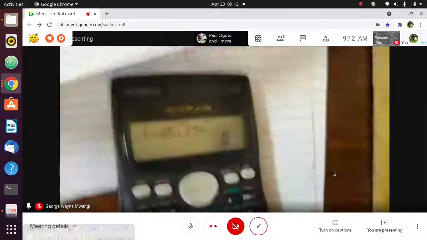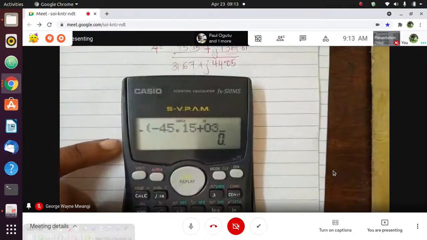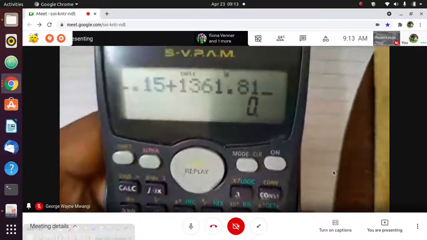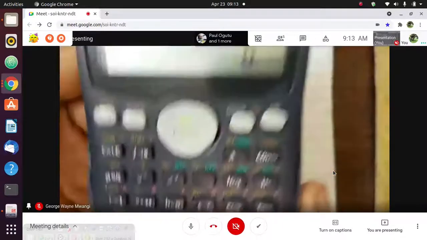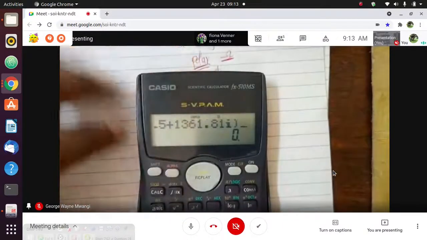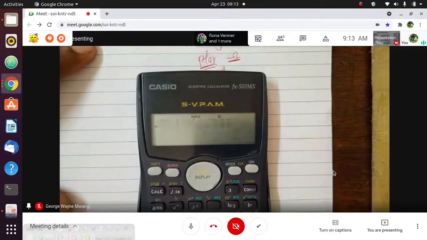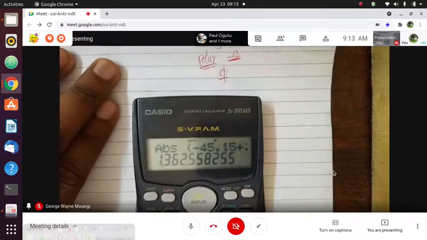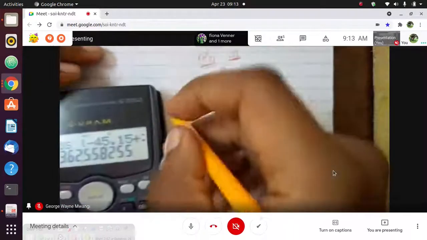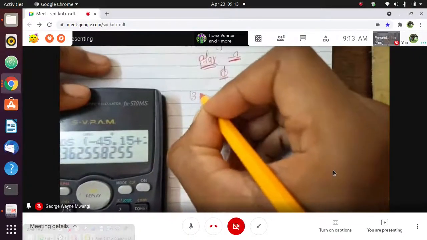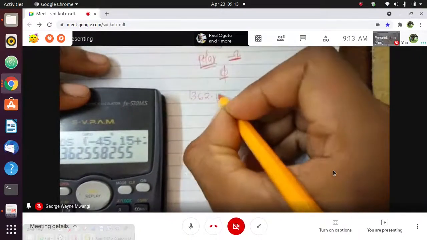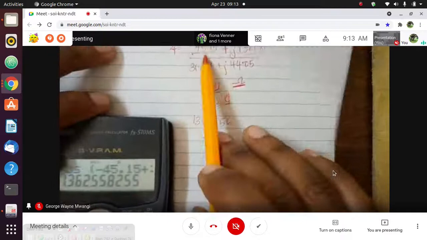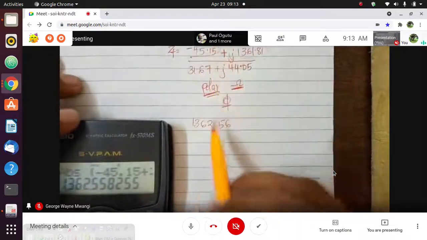Plus 1361.81 I. What that gives you is the value of this complex number in polar form.